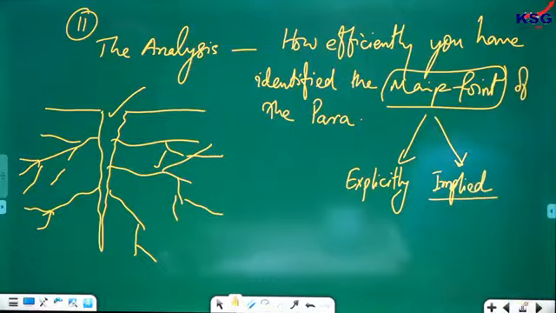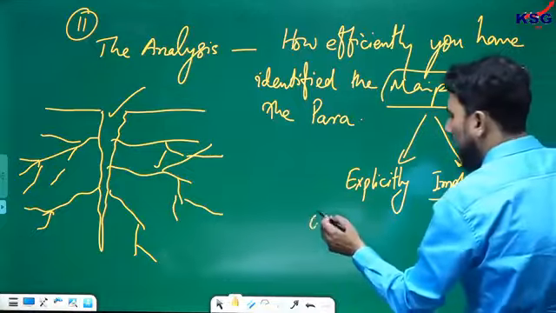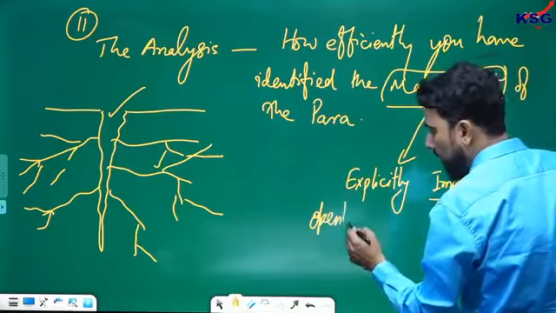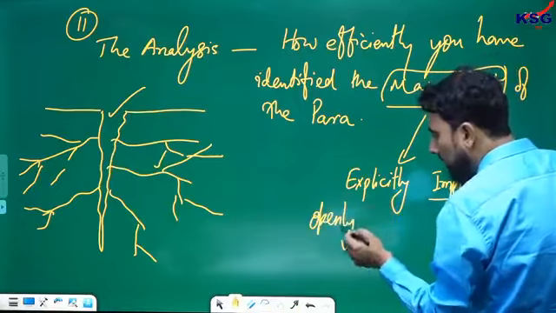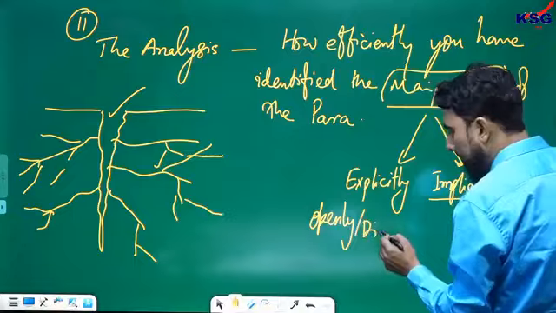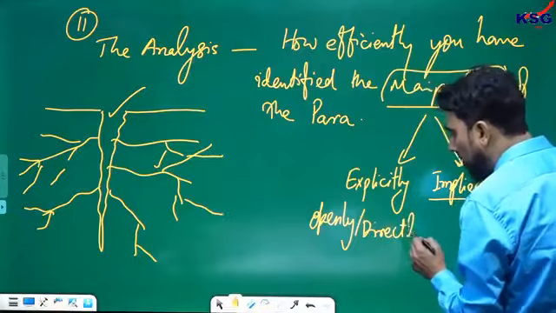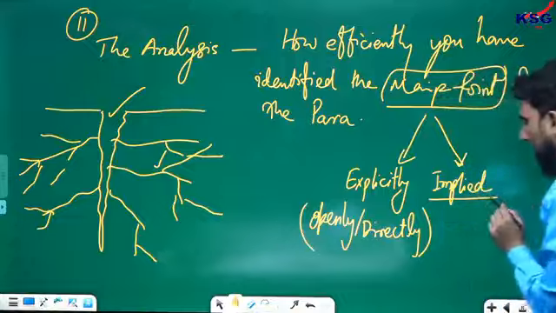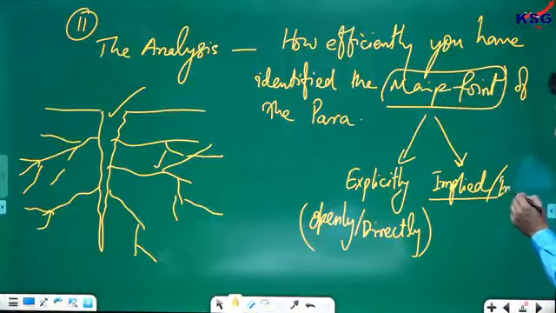All such students who do not understand, by the way, explicitly is clear, like directly, openly. Another word is implicitly. Implicit is something which is not openly said, but it is meant, logically connected, implied kind of.